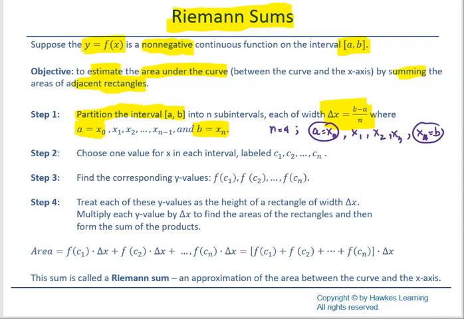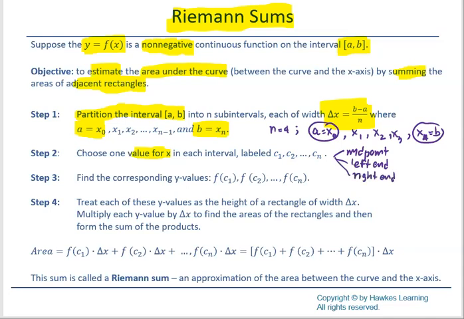Step two, choose one value for the x in each interval and label it C1, C2, up until Cn. Don't worry about the notation C here. There are going to be three cases: the midpoint, the left endpoint, or the right endpoint.